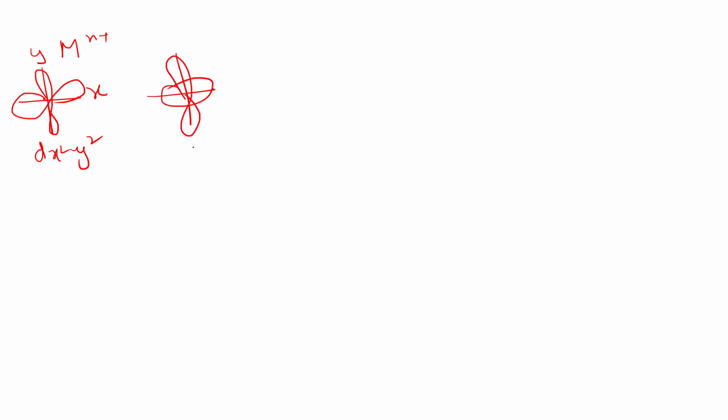So let's say this is the metal. Metal has dx square minus y square. This is x-axis, this is y-axis. This is dz square, this is z-axis.